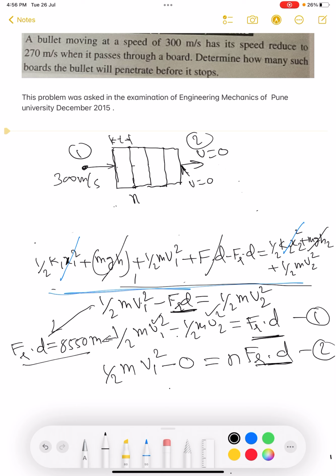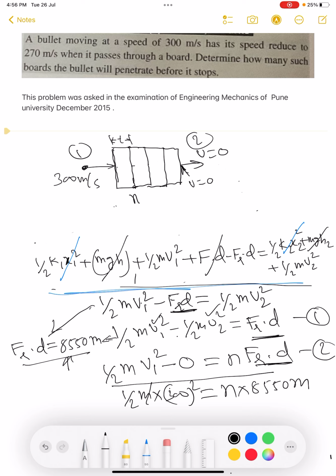Now once you have this, substitute this value in equation 2. So you will write half m v1 square, with 300 square, is equal to n into Fr into d, which we have written as 8550 m, right?